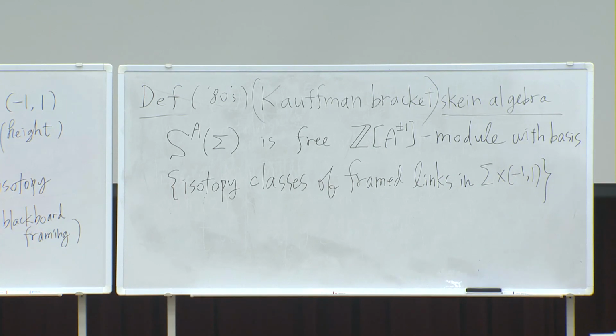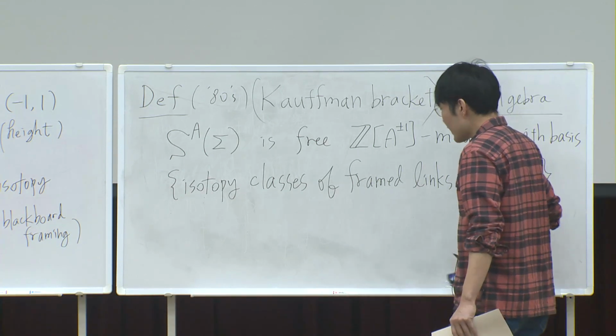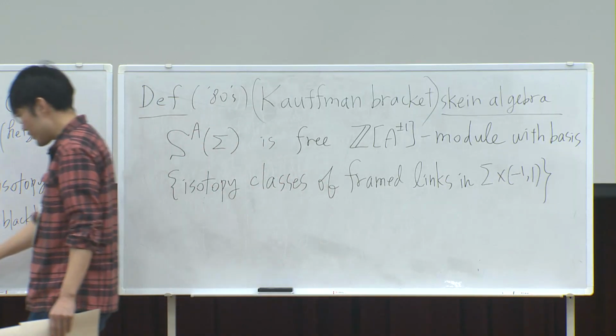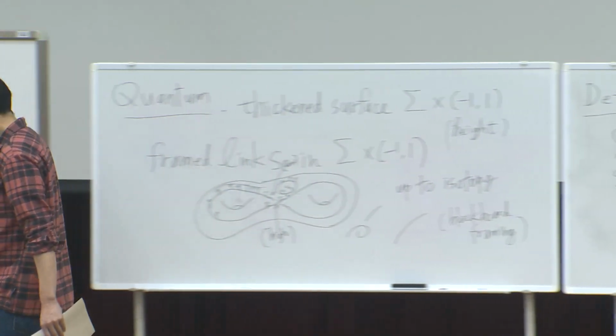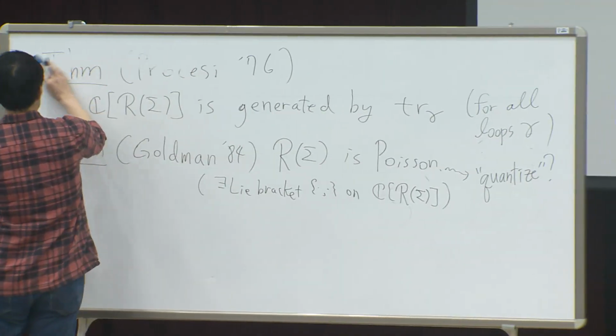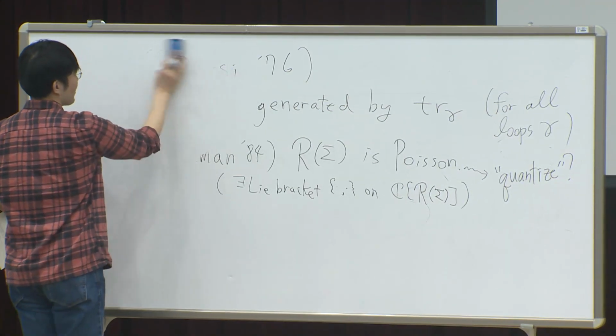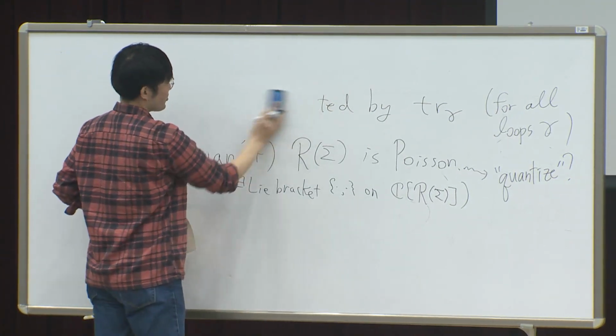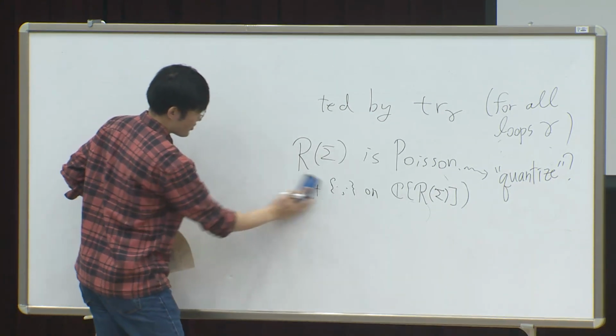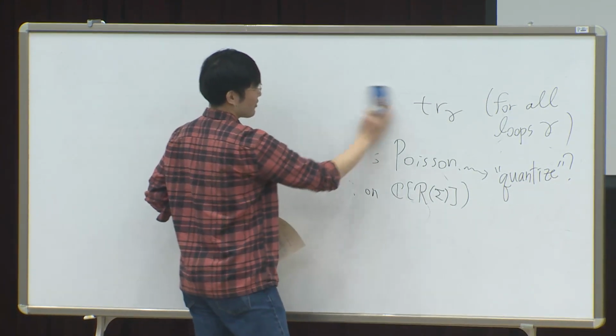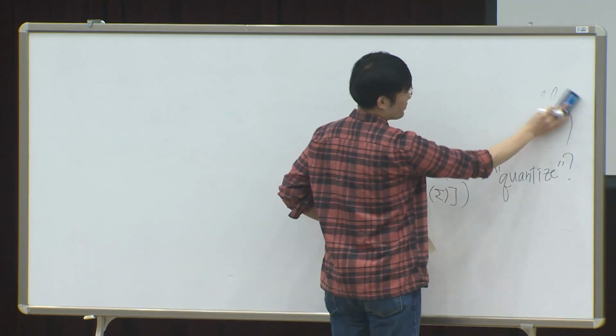So up to now, your element is a finite linear combination of those pictures, where the coefficients live in that ring of Laurent polynomials with integer coefficients. And you mod out by certain relations called skein relations, which I will write down right now.